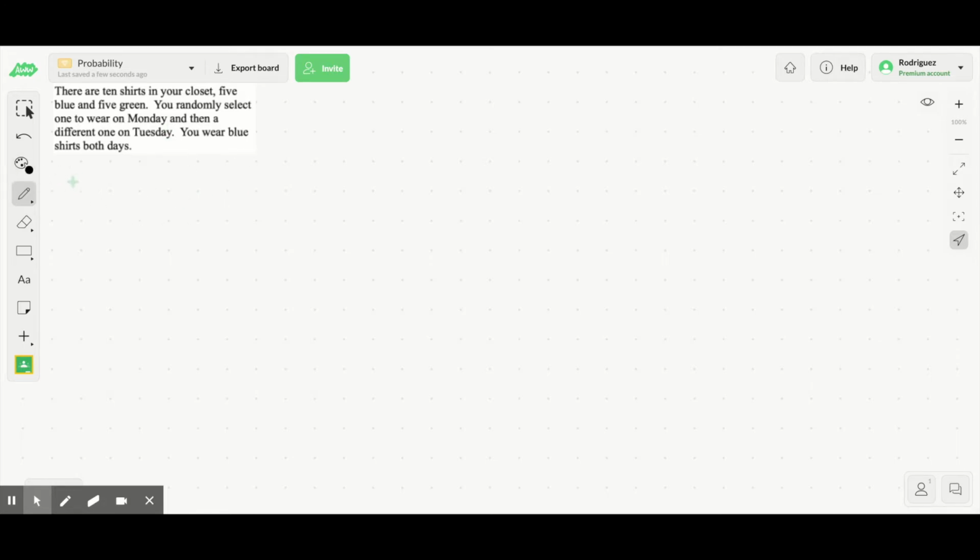So I've got 5 blue shirts. See if I can do this pretty quickly. Got 5 of those, and I've got 5 red shirts. What's the probability of blue, then blue again?